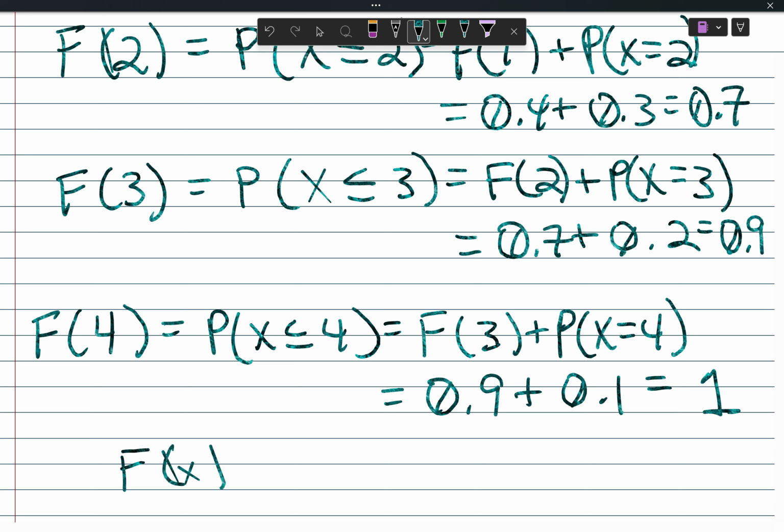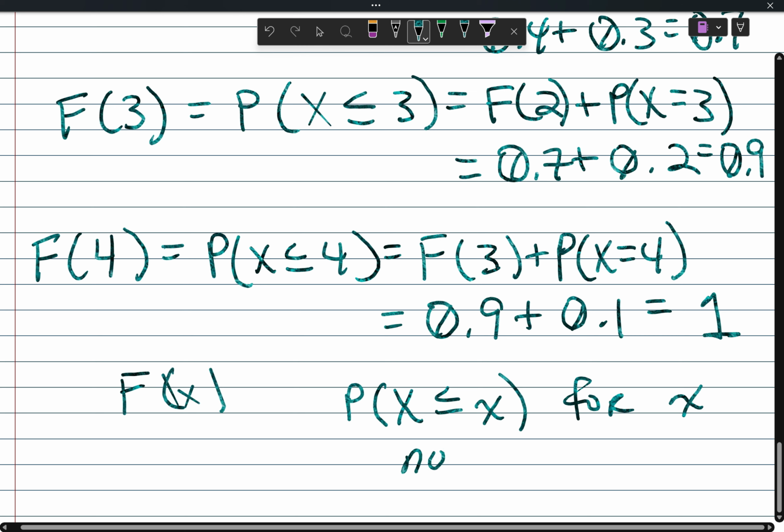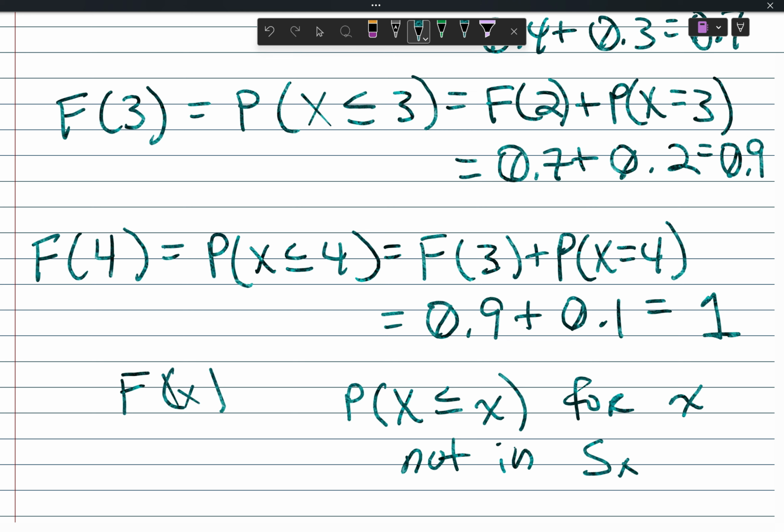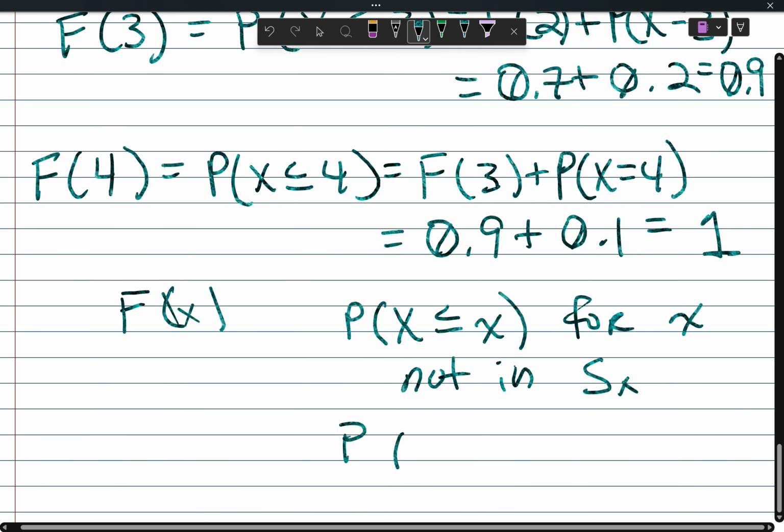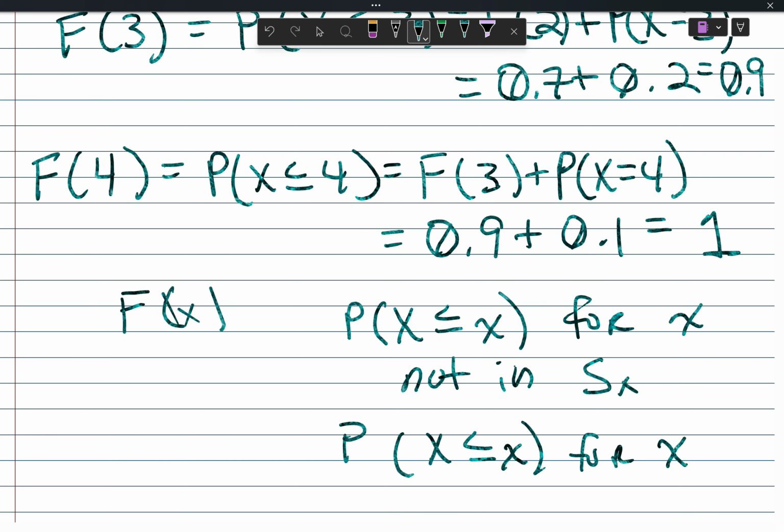Again, the key is to express the cumulative probabilities, P(random variable X less than or equal to x) for x not in the sample space, in terms of cumulative probabilities P(X less than or equal to x) for x in the sample space.